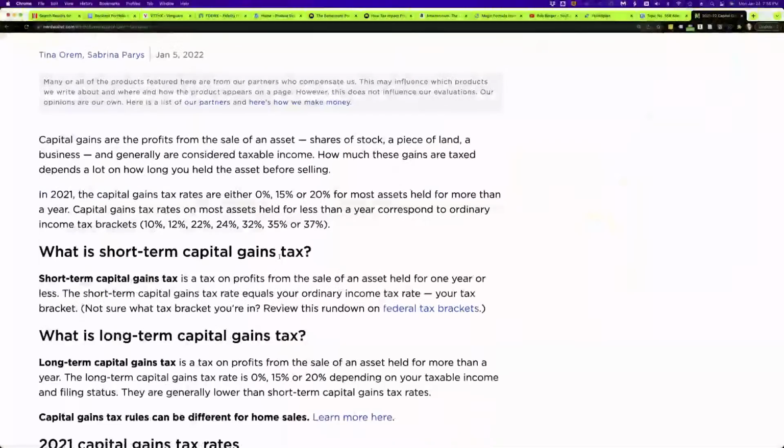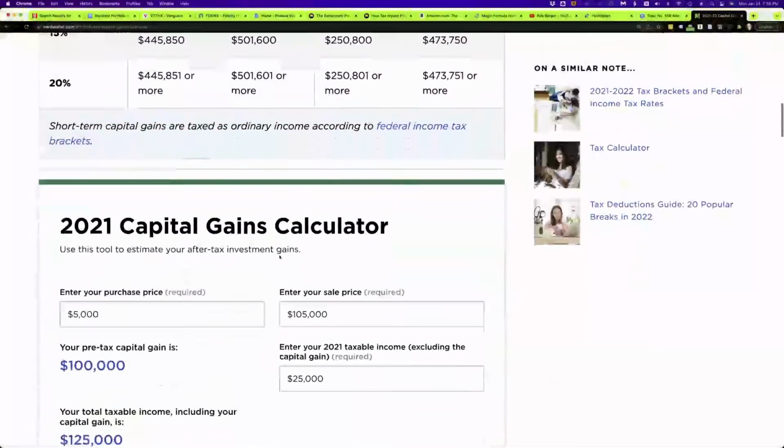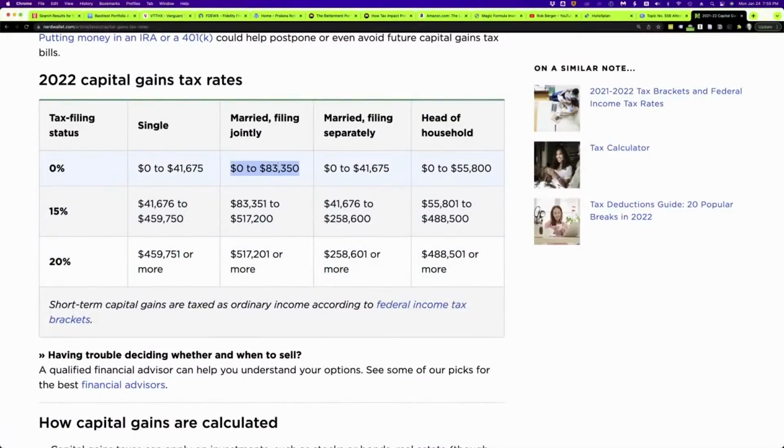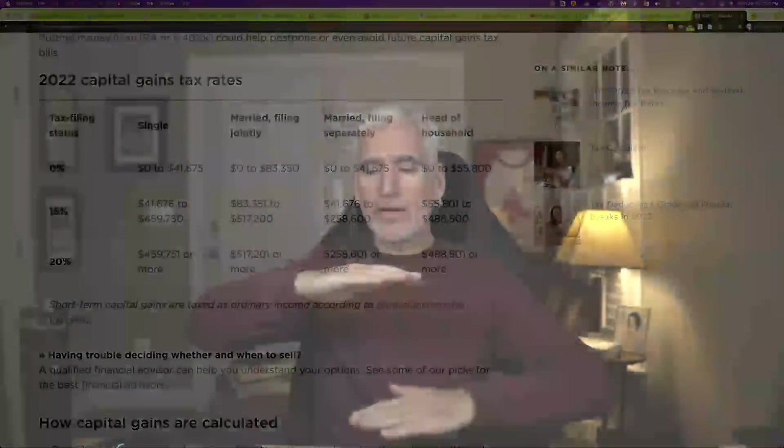And I'll show you. We've seen this before. This is NerdWallet, whatever. And you can get this information anywhere. Here's 2022, married filing jointly, 0% bracket. Now, if you have no other income, because remember, ordinary income fills up that zero bracket, even though that's for capital gains. Your capital gains will sit on top of any ordinary income.